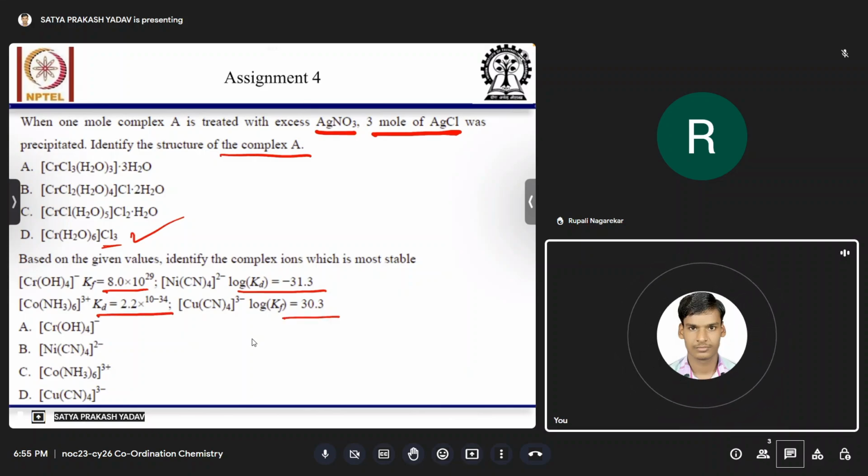So basically the one which has the highest Kf will be more stable. Now we have to find out which one has the highest Kf value.